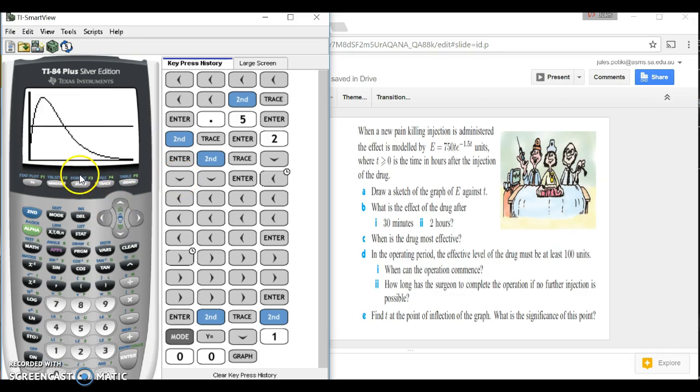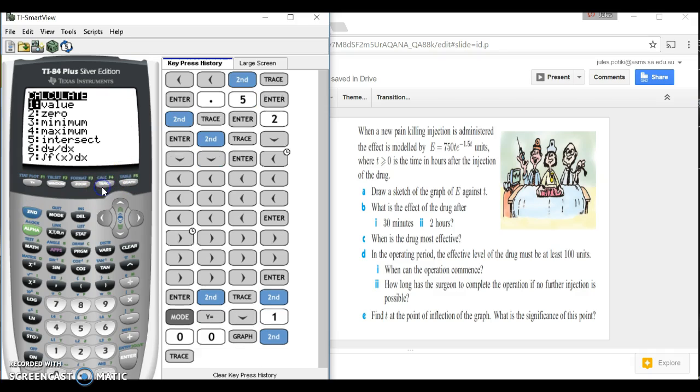So what we're interested in here is the time that the effect rises above 100 units. So we're looking for the intersection point of the function and this horizontal line here. And we're also interested in this time here where the effect drops below 100 units. So the way we find those 2 points is by using second calc and looking for the intersect.